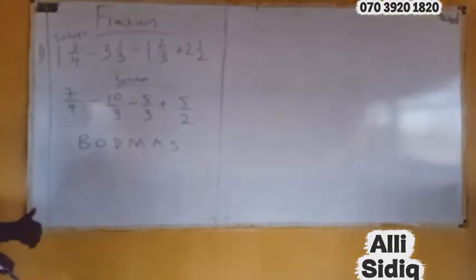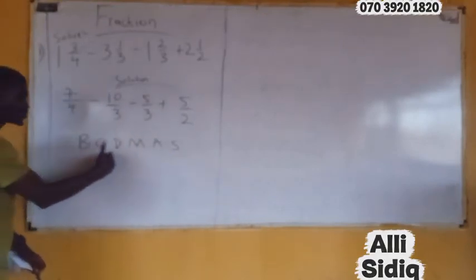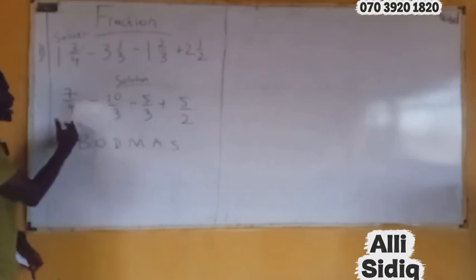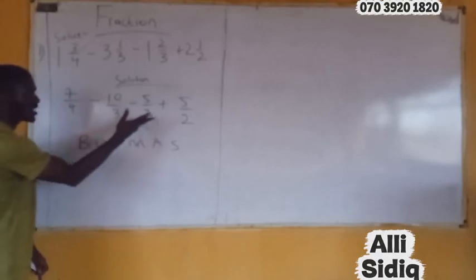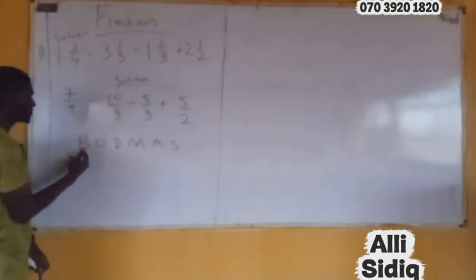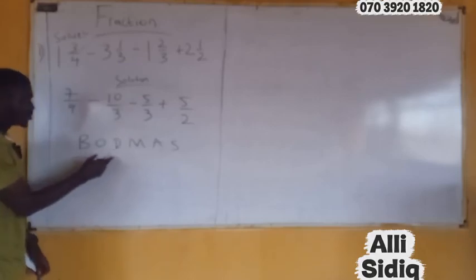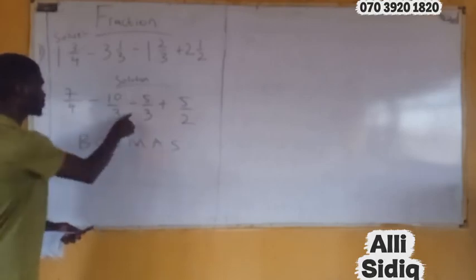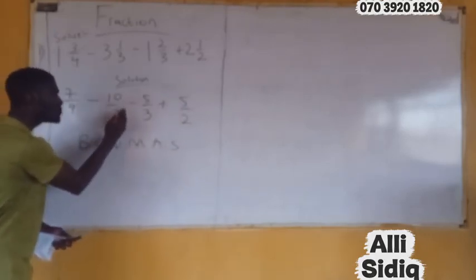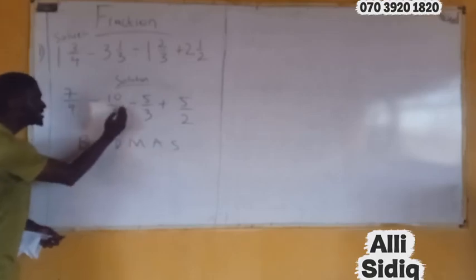So now to solve this, I'm introducing BODMAS. That means I'm going to solve in the order of the ones that come first. According to this, we have subtraction, division, and addition. Which one comes first here? We don't have brackets, we don't have off, but we have division. So I will solve division first. I'll bring out the one at the left and the one at the right.